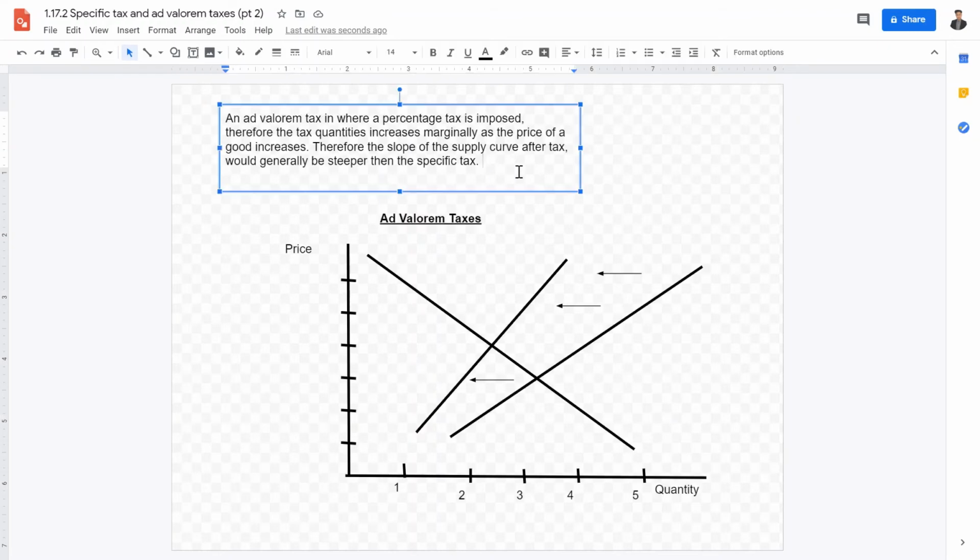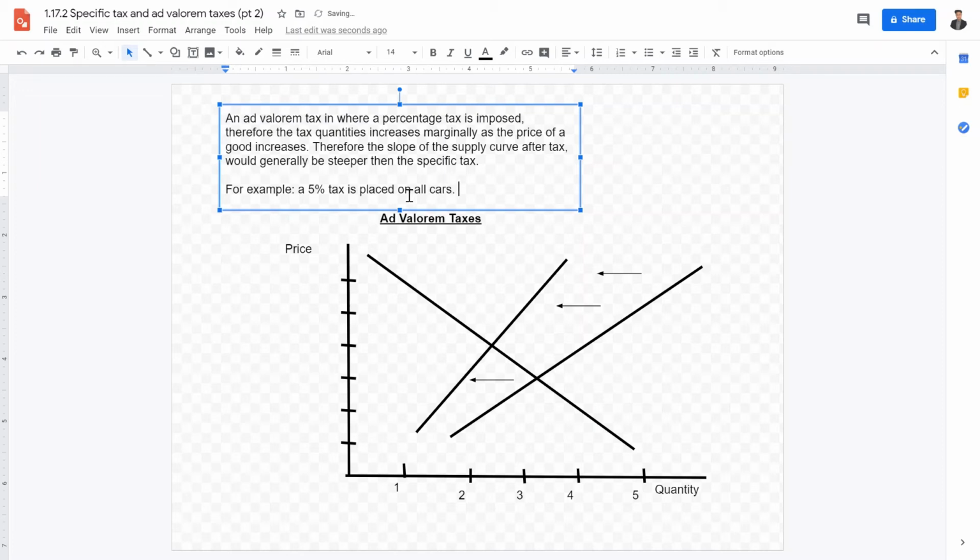However, for an ad valorem tax, let's say this will be a percentage tax. So for example, a 5% tax is placed on all cars.